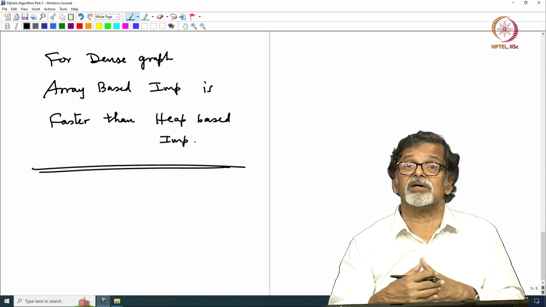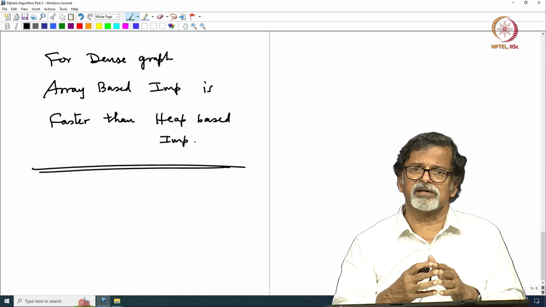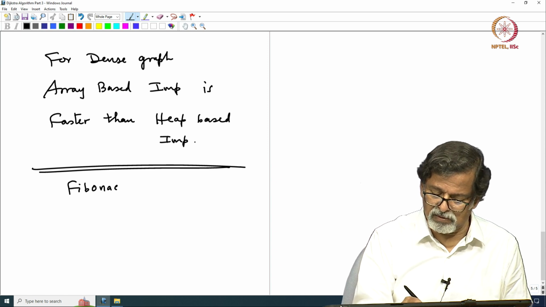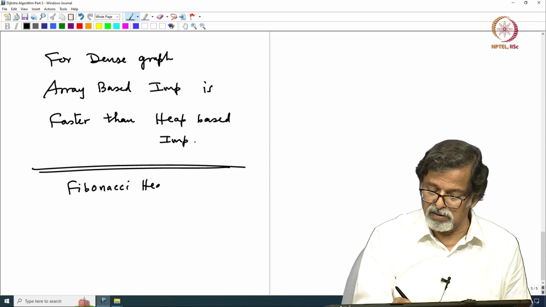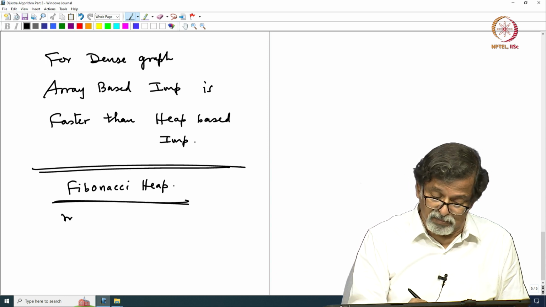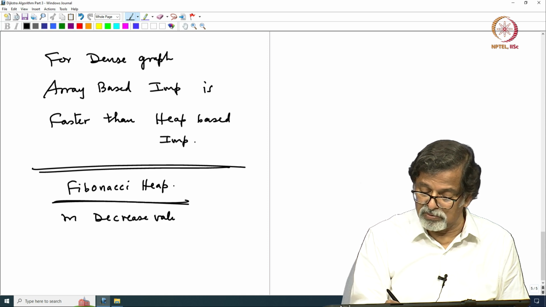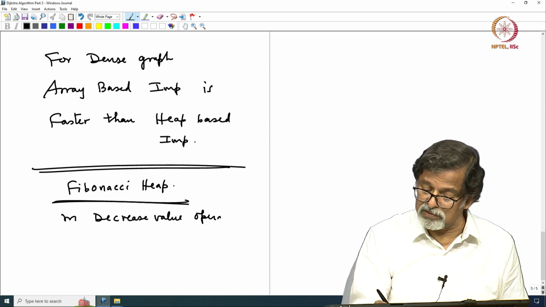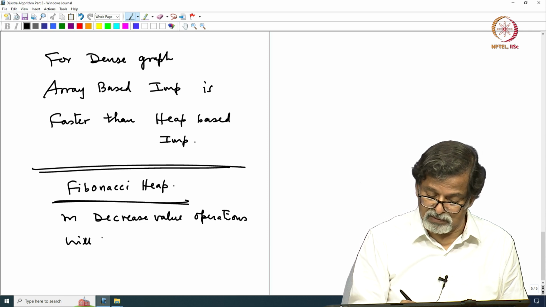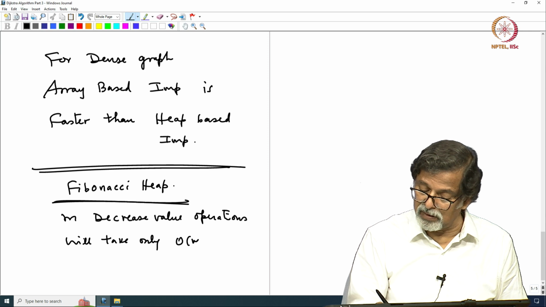However, the researchers have come up with a brilliant data structure. It is way too complex, and that is called the Fibonacci heap. In Fibonacci heap, m decrease value operations will take only order m time.